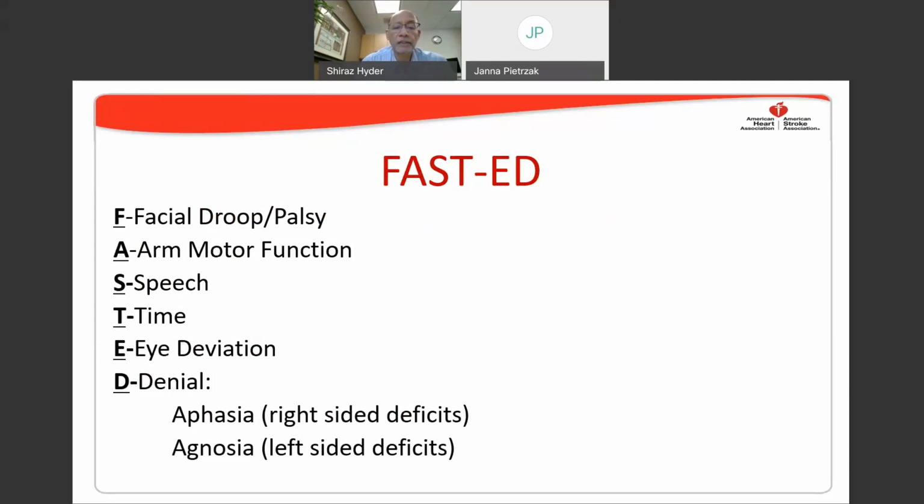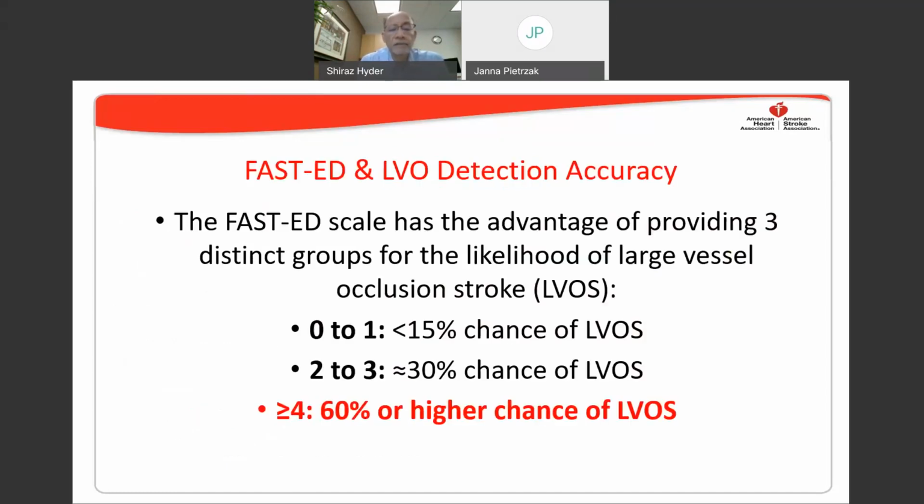As you know, stroke can occur from small vessel occlusions and large vessel occlusions. What we need to try to do is identify patients who are having stroke from large vessel occlusion, because here we can intervene through the interventional radiologist who can remove the clot. We cannot remove a clot in a small vessel occlusion because those are impossible to reach.